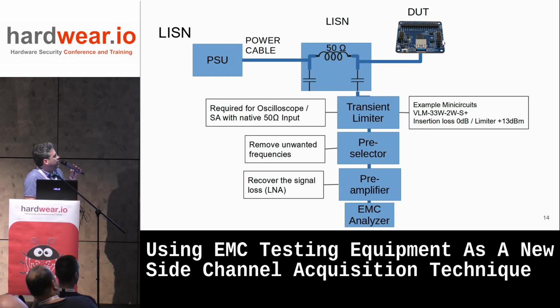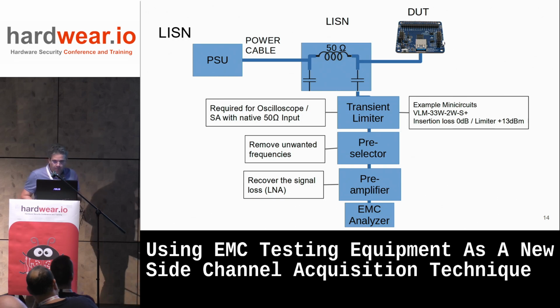It's to protect the EMC analyzer. Then we can add a preselector, which filters and removes unwanted frequencies for analysis. And there we can also add a preamplifier to recover the signal loss because of the preselector and the potentially low signal there. And then at the end we have the EMC analyzer.